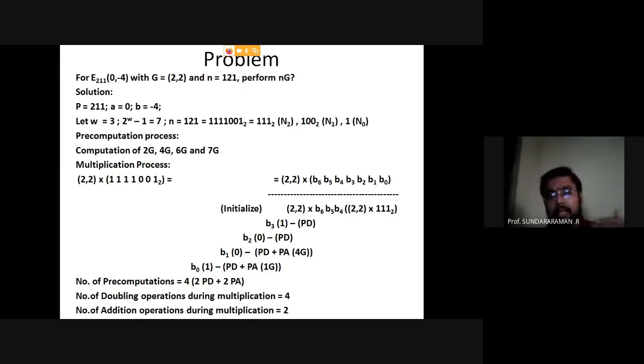I hope you remember the same number of operations were required for left to right scalar multiplication as well. But based on the given value, it may change, right?